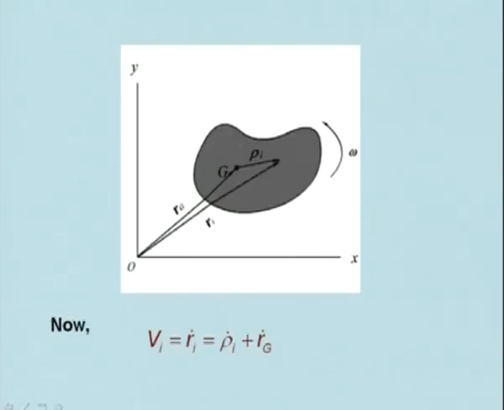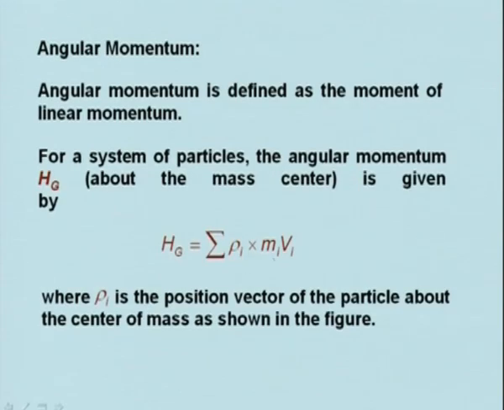Say for example, this is the situation. You have a body, this is the axis system, g is the mass center, and it is rotating with angular velocity omega. This rho i is the distance of the mass from this point, and this is ri, and this is rg. So we have the absolute velocity term mi vi, but rho i is the position vector of the particle about the center of mass.